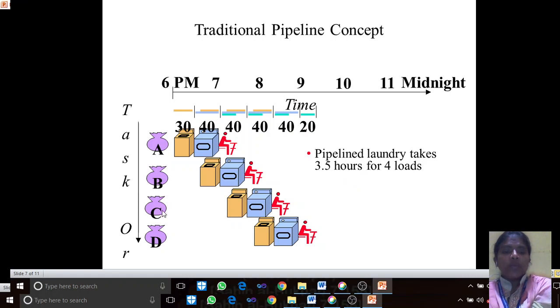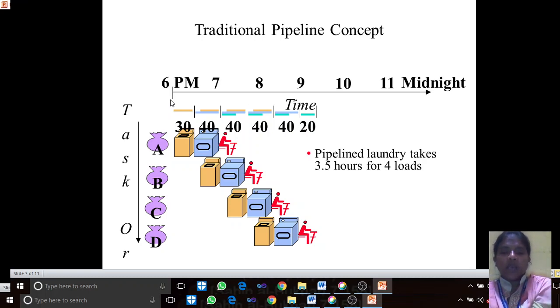Load A, B, C, D. While the drying of laundry A takes place, the washer is free, so washing can be done for laundry B. Once the dryer is free, it can be used for laundry B, and when it is busy, the washer can be used for C. This is how overlapping of the operations takes place: overlapping of washing, drying, and folding.